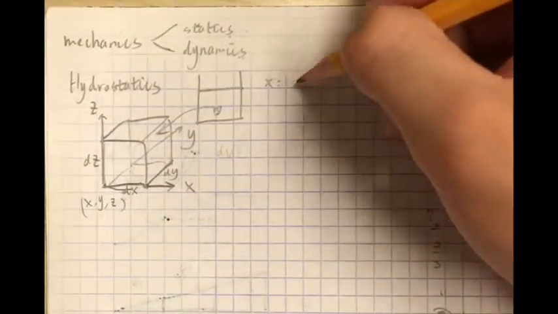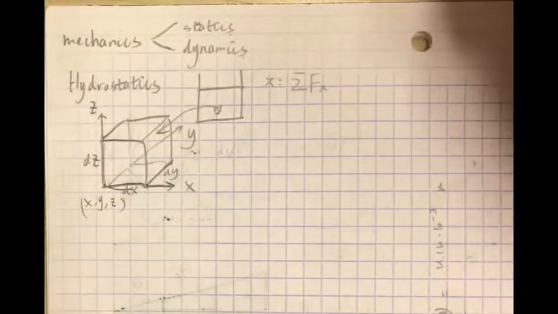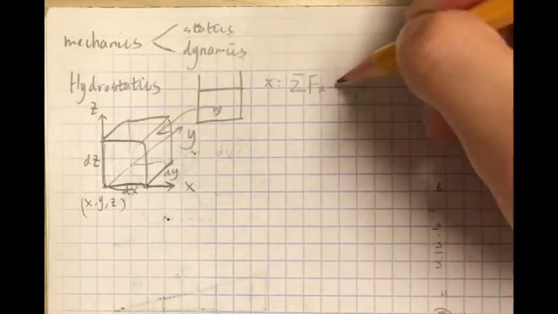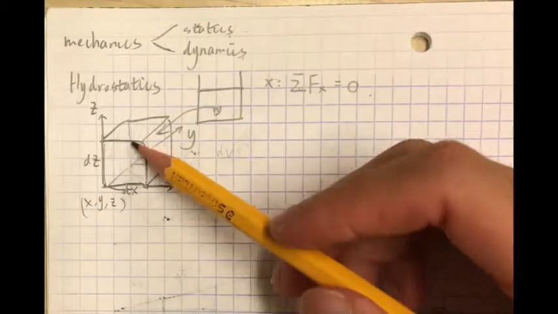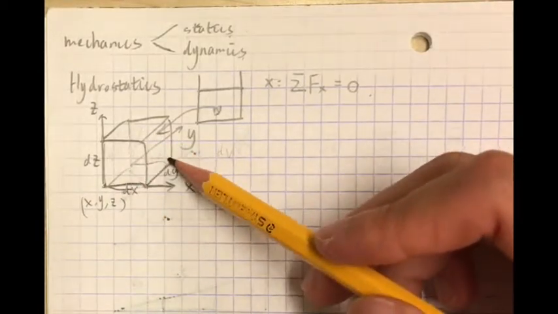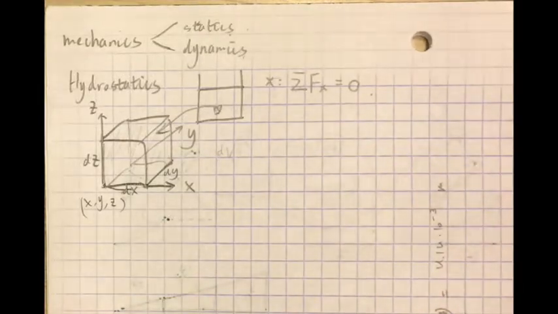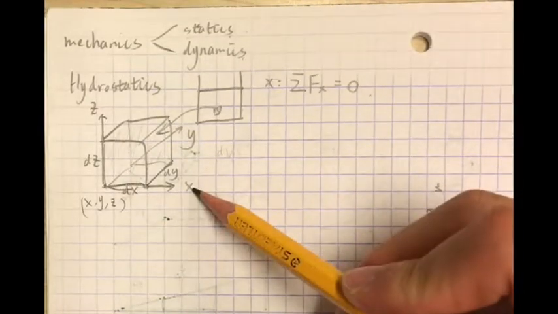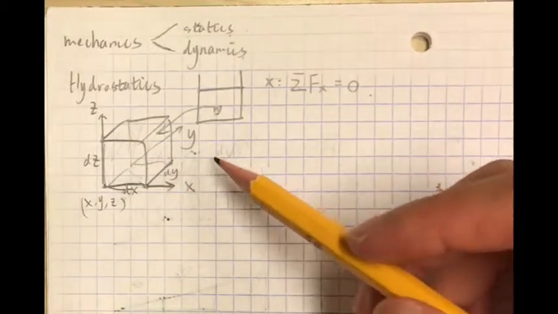In the x direction, all the forces acting on the cube, that is the net force in the x direction, will equal 0. So what are the forces acting on the cube in the x direction? Or what are the x components of the forces acting on this cube?